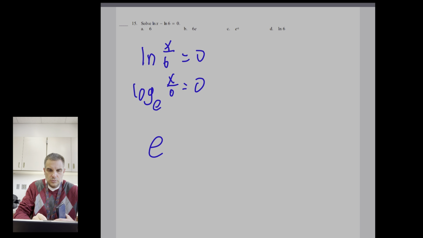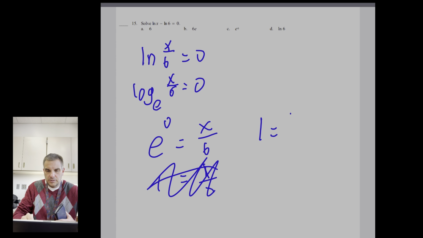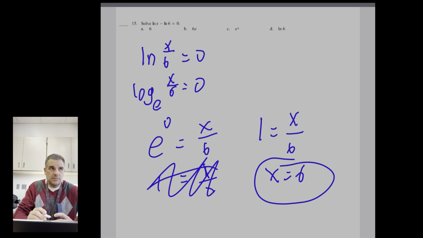So e to the 0 power equals x over 6. Anything to the 0 power is 1. So 1 is equal to x over 6. X is equal to 6, which is A. Yay!